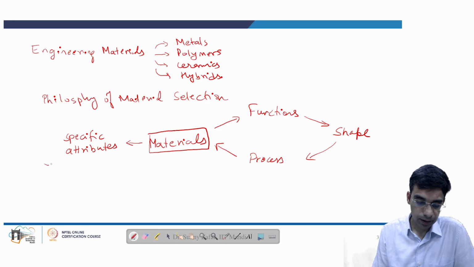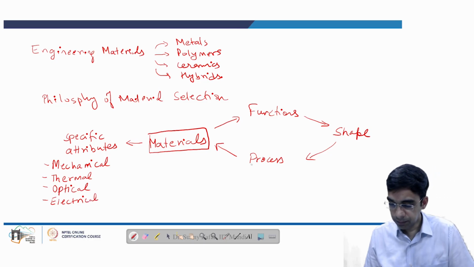This can be attribute related to mechanical properties, or they can be related to thermal properties, or optical properties, or they can be related to electrical properties, and so on.